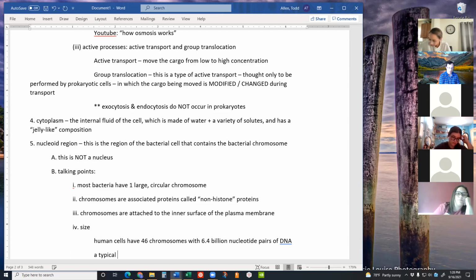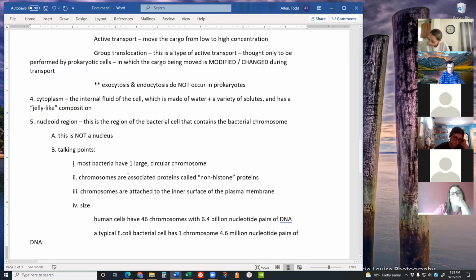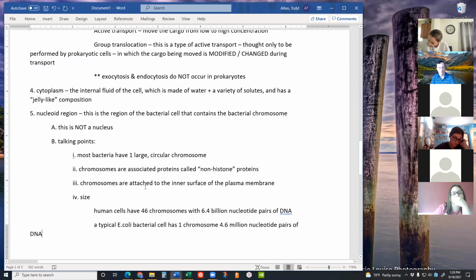A typical E. coli bacterial cell has one chromosome with 4.6 million nucleotide pairs of DNA. Okay.